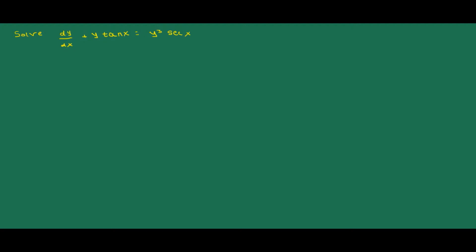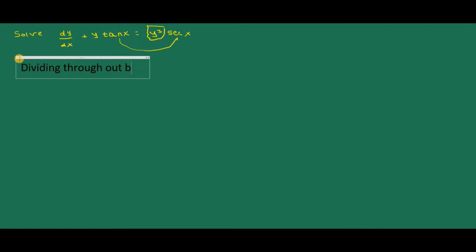So actually p and q are functions of x only. Therefore the extra term is y raised to 3. Dividing throughout by y raised to 3.